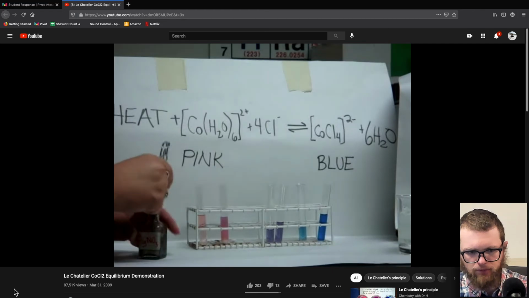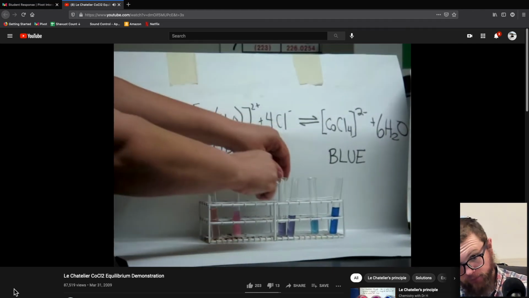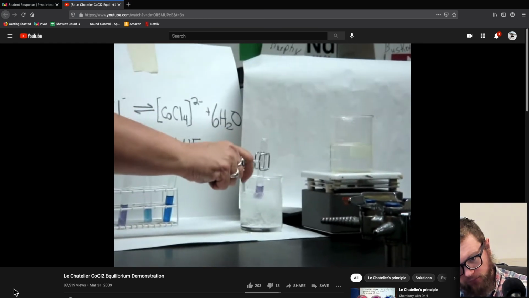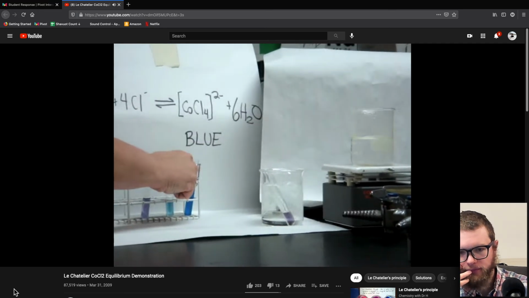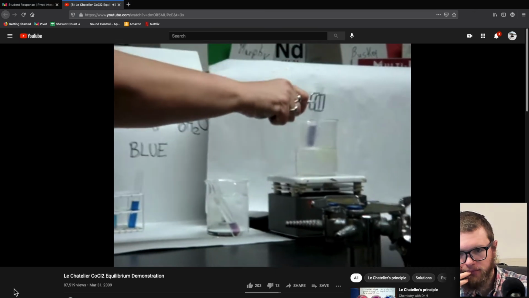Okay. Now, one of the other stresses we're going to use is a change in temperature. So I'm going to take this tube and I'm going to put it in the ice water. It's going to go blue. It's going to go right. And I'm going to take this tube and put it in the hot water bath up here.